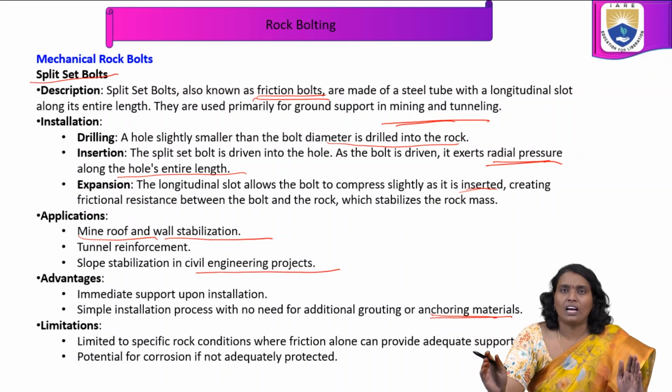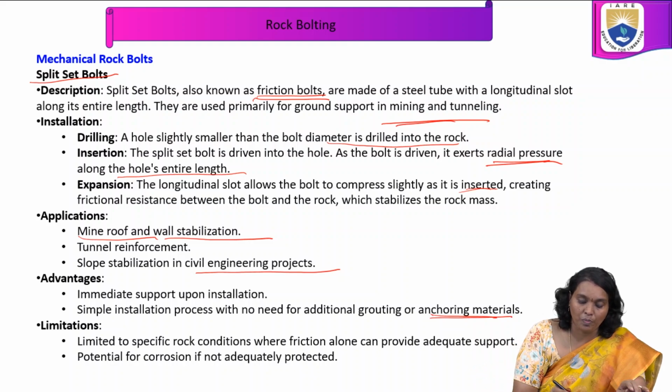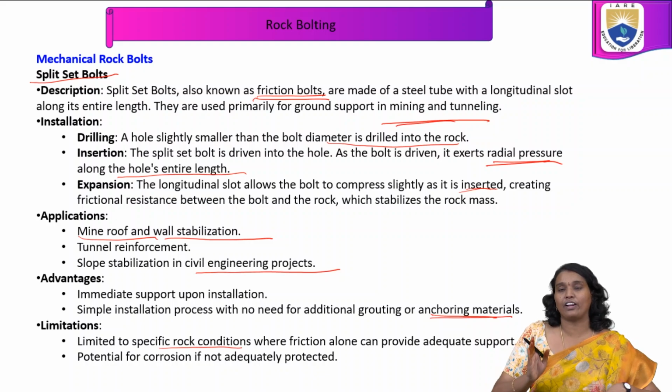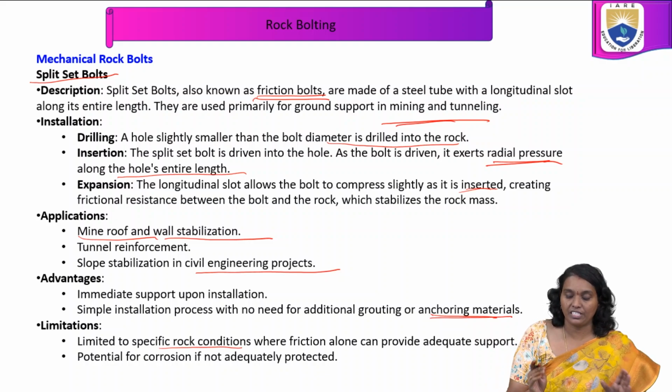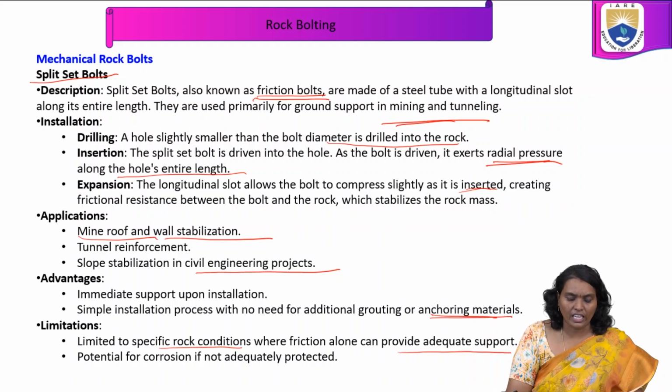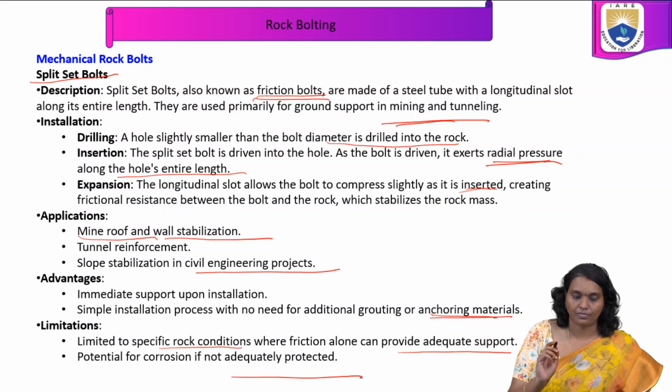They are also limited to specific rock conditions, not all kinds of rocks, where friction alone can provide adequate support. There is also potential for corrosion if not adequately protected.